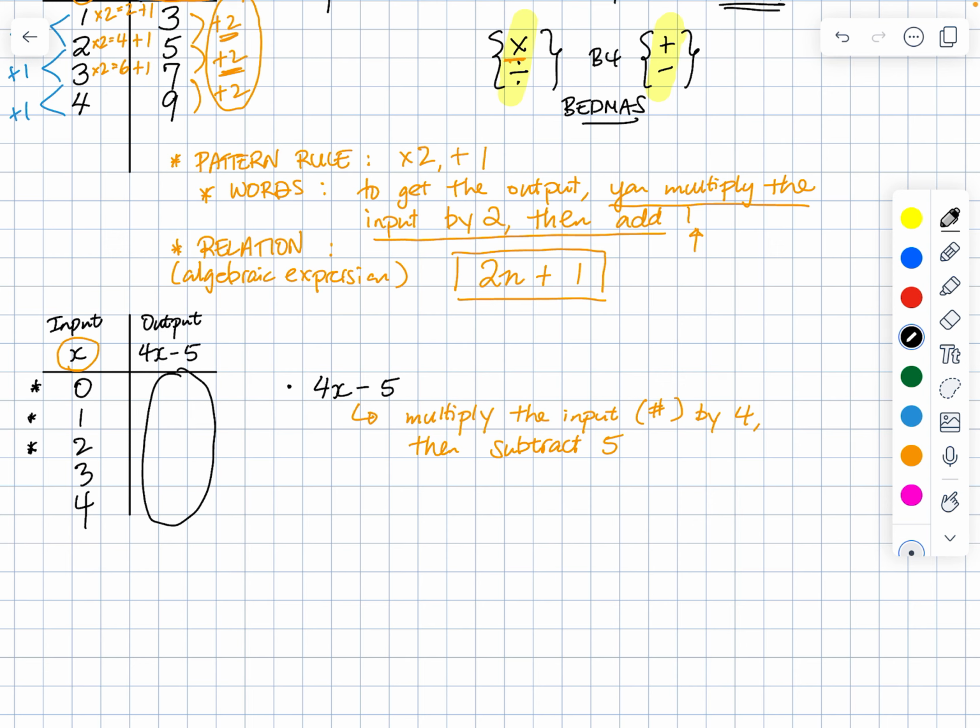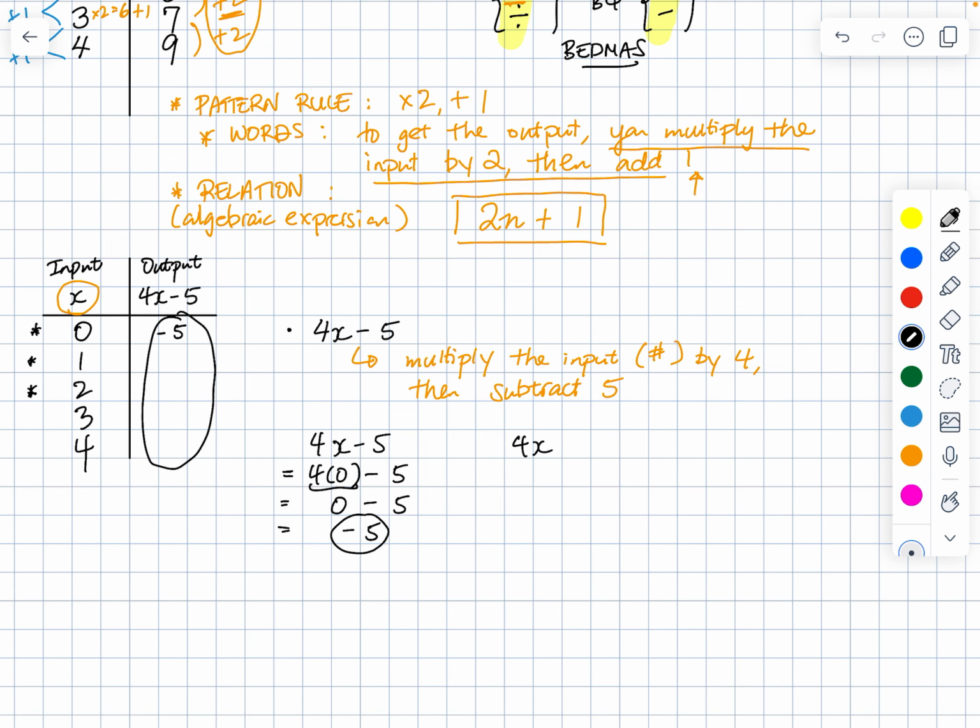So if our input is 0, for 4x minus 5, I'm going to show all my work. Because of order of operations, I've substituted 0 for x in brackets. So 0 times 4 is 0, minus 5. So our resulting output is going to be negative 5.